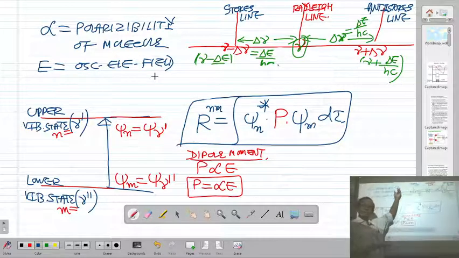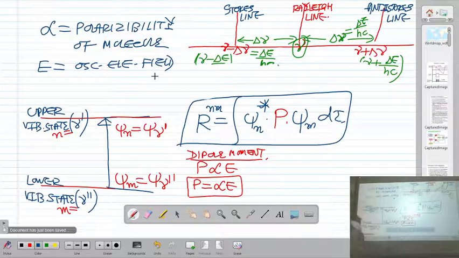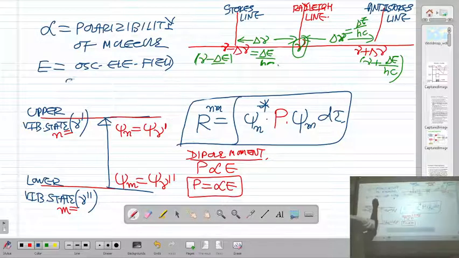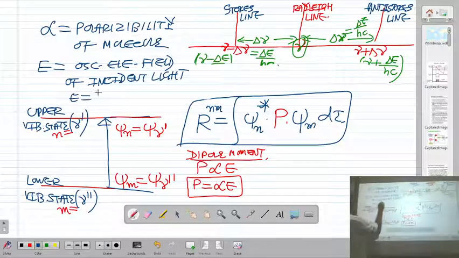This polarizability is varying due to the vibrational motion and rotational motion of the molecule. And E is the oscillating electric field of the incident light, which is equal to E0 sine omega t.